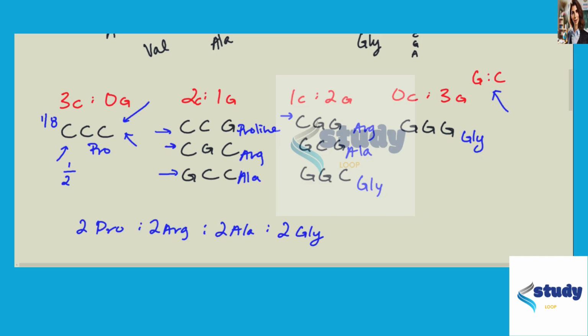So you can just total these up and you should find that there are 8 parts. And because these are all equal and they have 2, each of these amino acids has a 1 out of 4 or 25% chance of occurring or being coded for when the G to C ratio is equivalent.